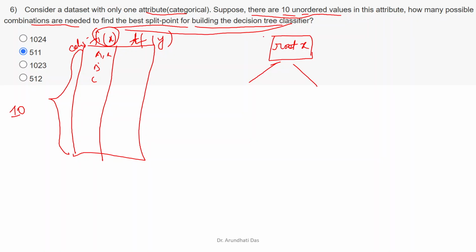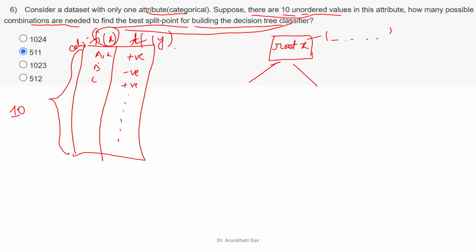So here, based on this attribute value, we are going to split the data. Which data? This root x, it will contain all the attribute values, right? All the attribute values which may belong to any kind of class. There can be a positive class, there can be a negative class, again a positive class.